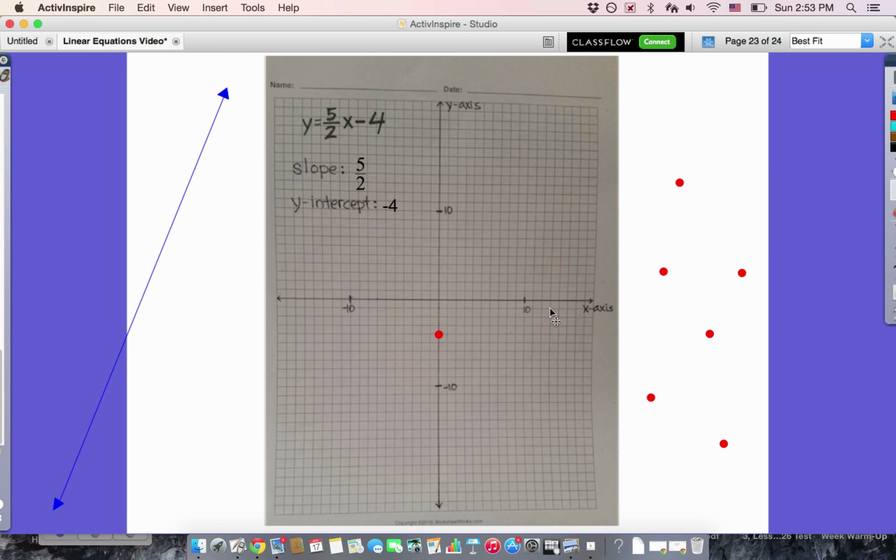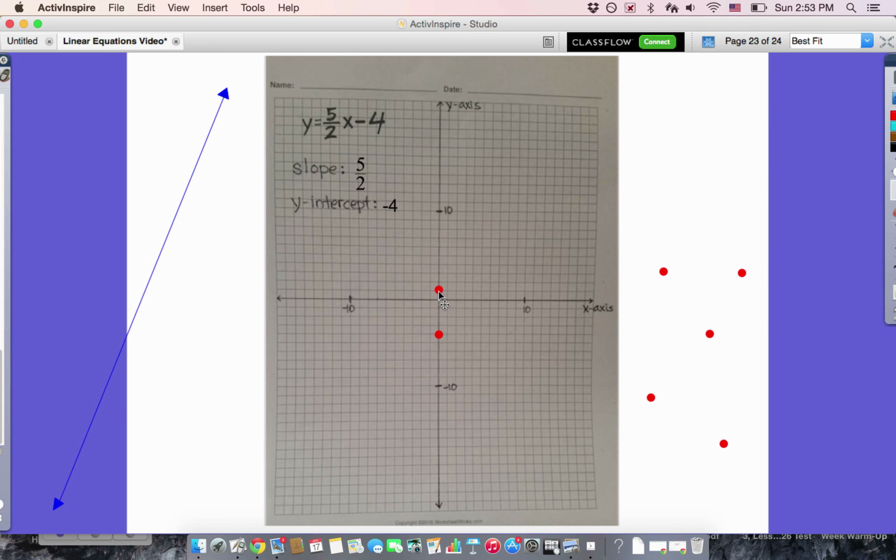So we know that the slope is just a ratio that tells us how much y grows for every x that it grows. So 5/2 tells us that y is going to grow 5 for every 2 that x grows. Okay, so I'm going to take another data point. 1, 2, 3, 4, 5.